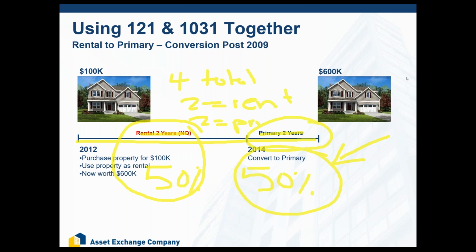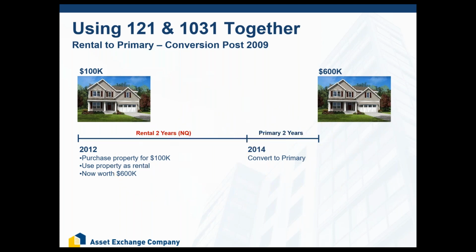Does that make sense? This is advanced stuff, okay? So if you're not following along, don't worry about it. This is kind of advanced. When you do this strategy, converting a rental into a primary, yes, you can take the homeowner's exemption, but only on the gain allocated to the time you lived there.